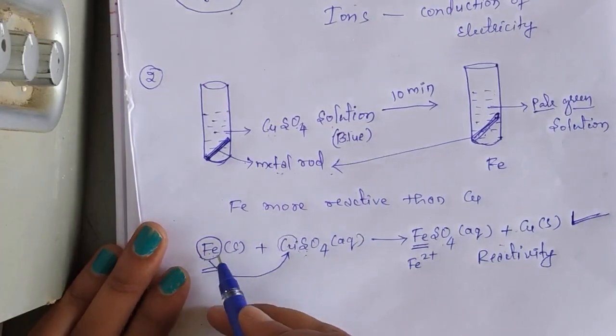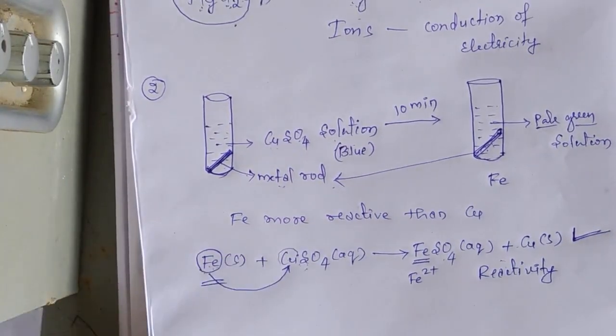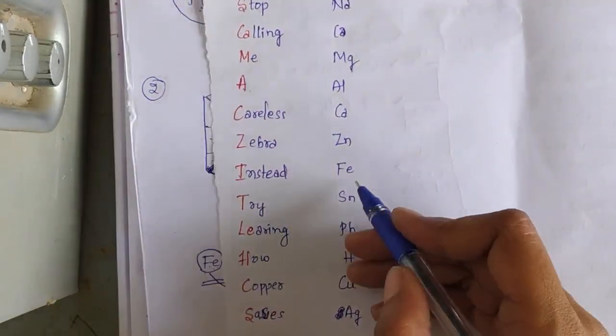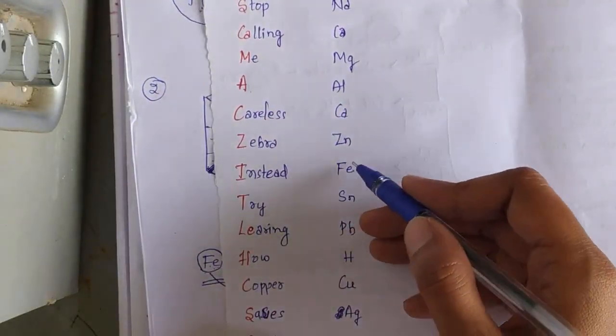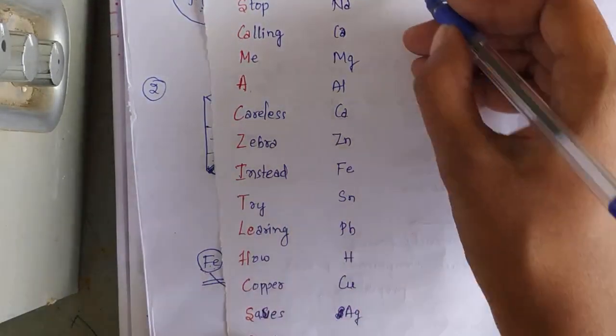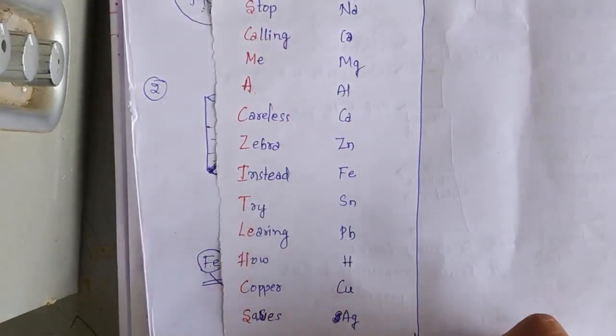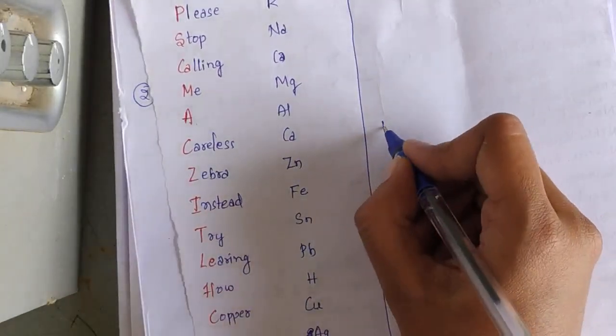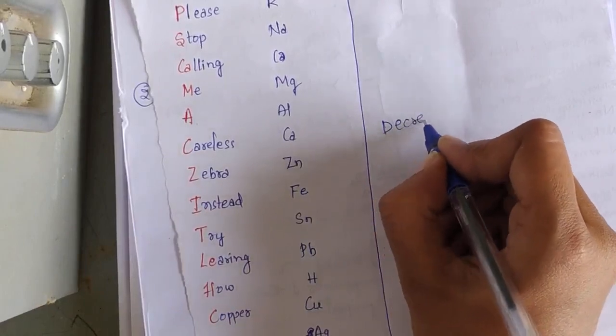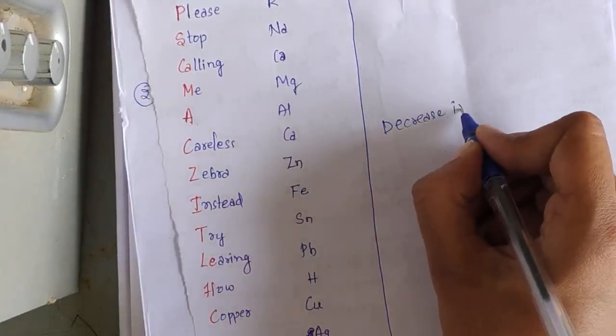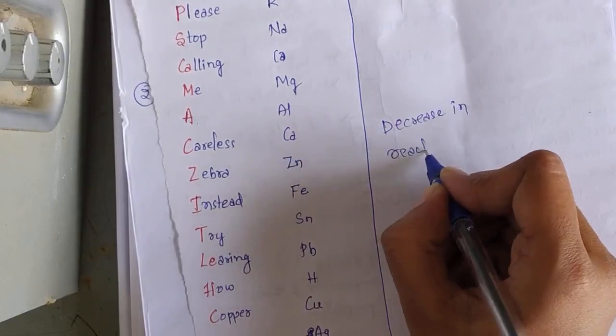In the reactivity series, if you observe, iron is present above copper. We know that from top to bottom, reactivity decreases.